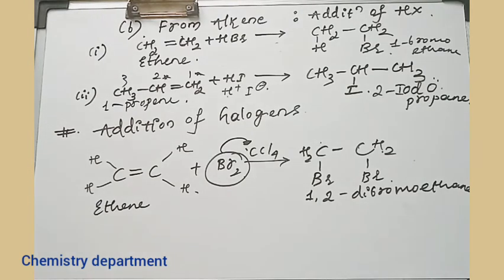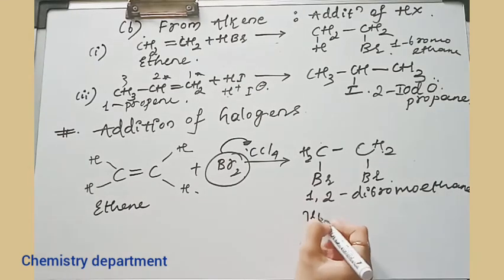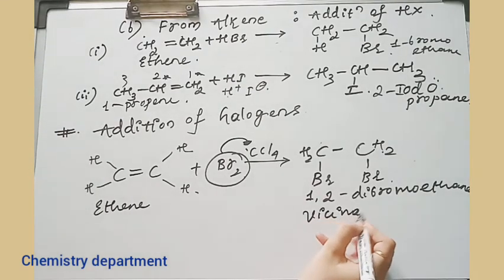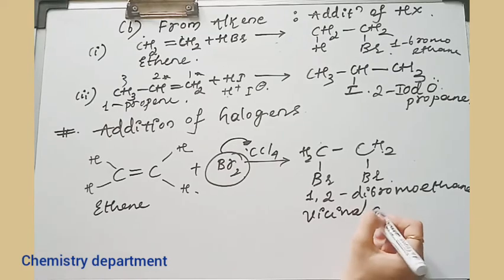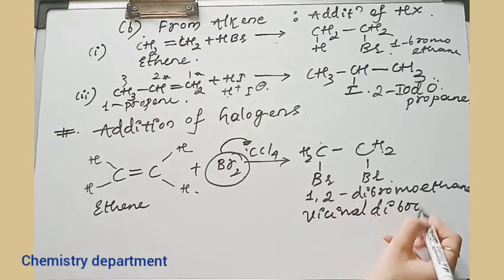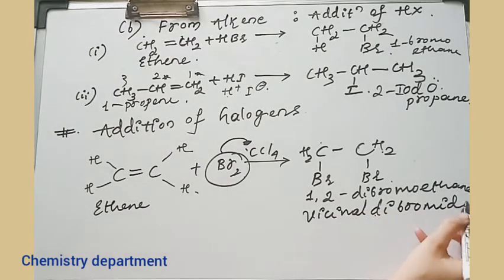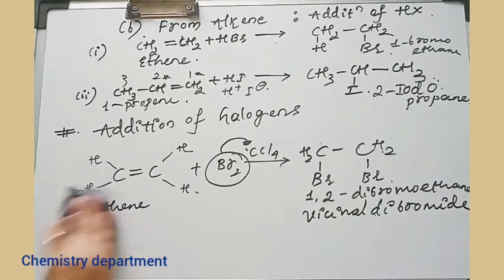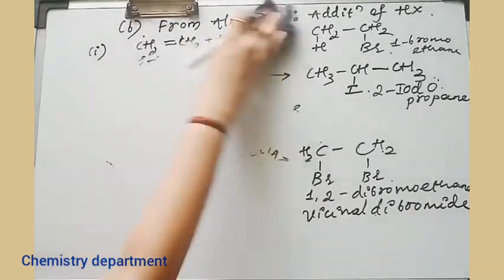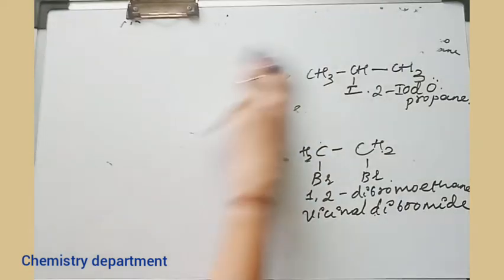The one more important thing you are going to learn here is, this is also called as vicinal dibromide. So let us see what is the meaning of vicinal.